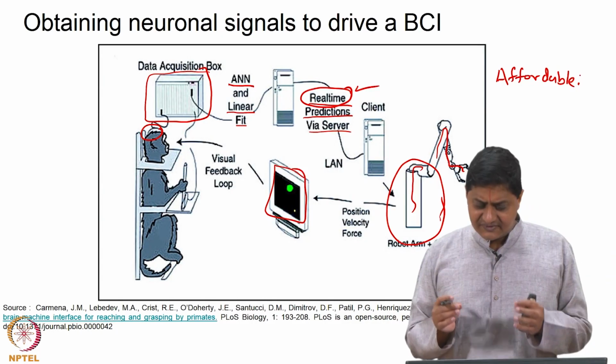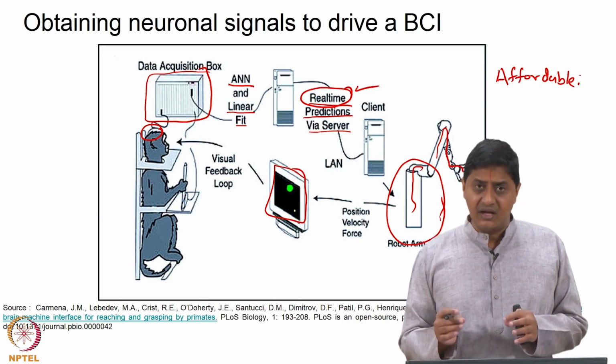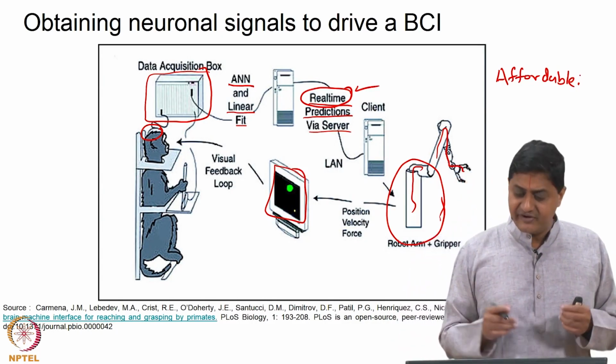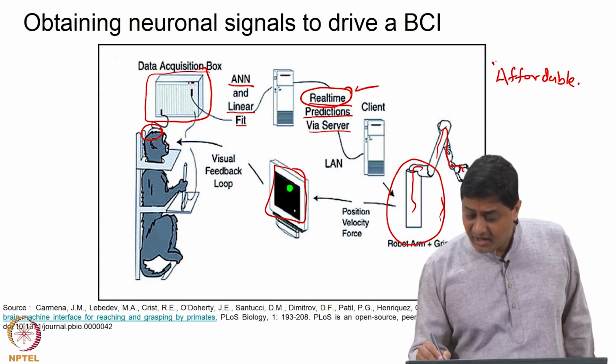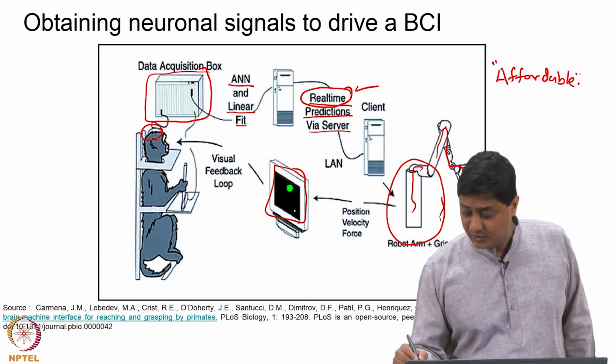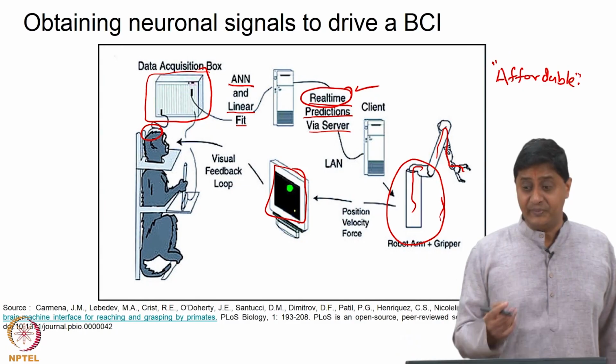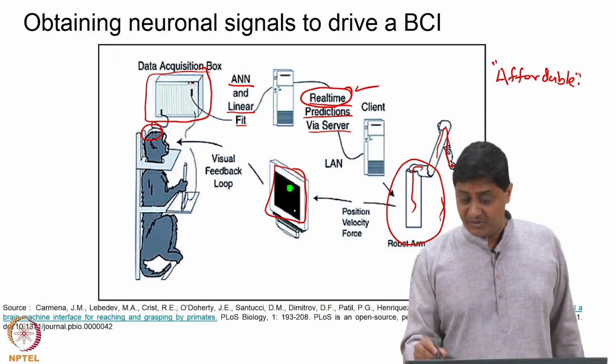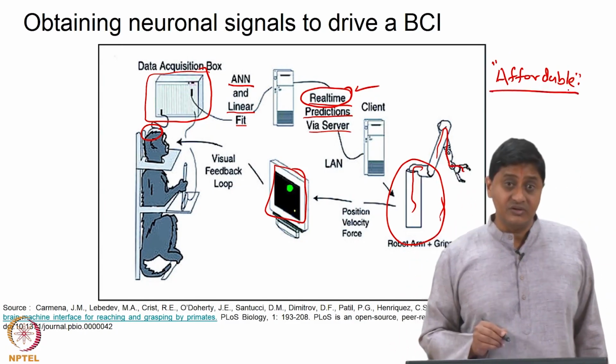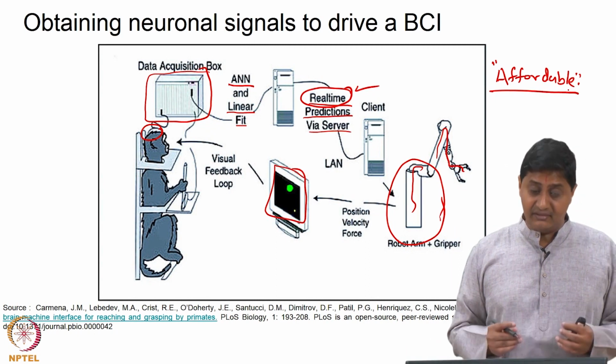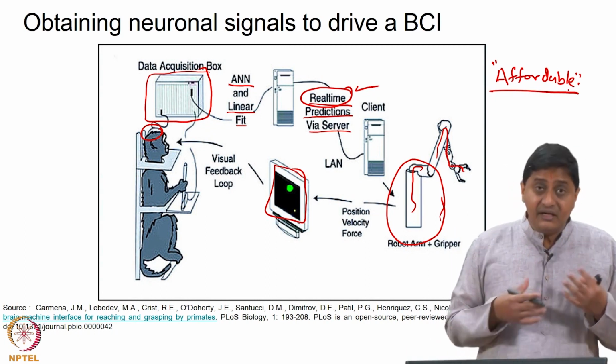How do we make these systems affordable and help people? Why are we doing this? I would presume that we are doing this to help people. If we are doing this to help people, the goal is to make them affordable and practically useful.